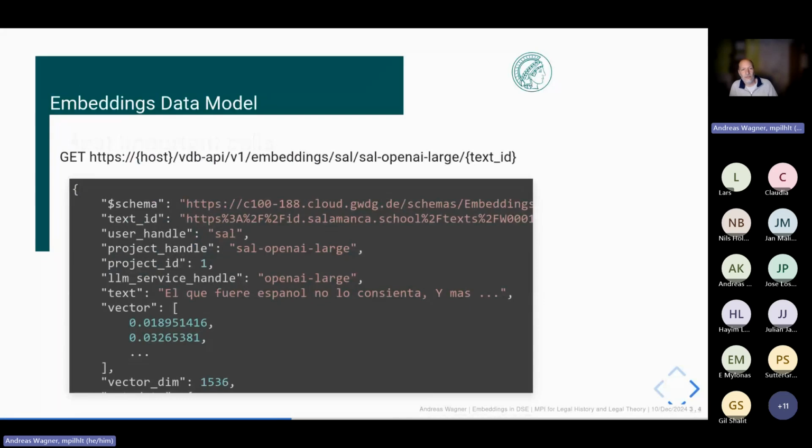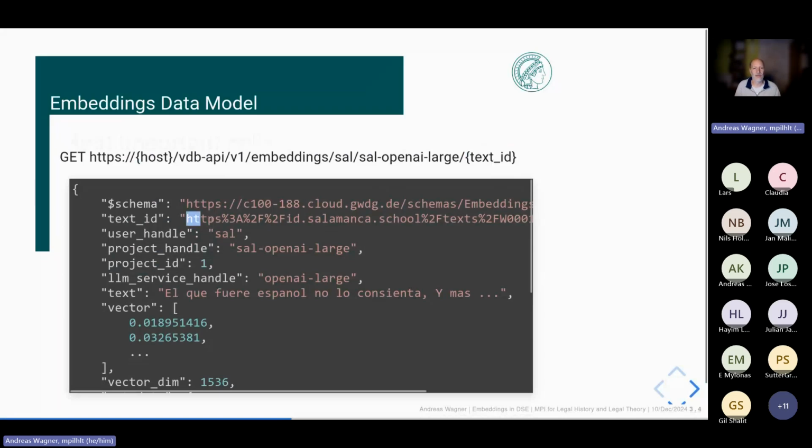So if you send a GET request to the host where this was running, to this embeddings endpoint, specifying the user and the project that I created for our Salamanca edition, and then the text ID, then you would get a JSON response like this.